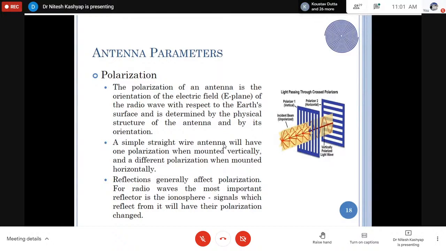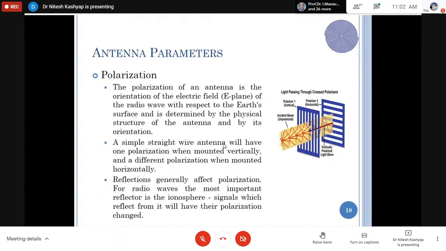Theoretically, the polarization of an antenna is the orientation of the electric field of the radio wave with respect to the earth's surface, and it is determined by the physical structure of the antenna and by its orientation.